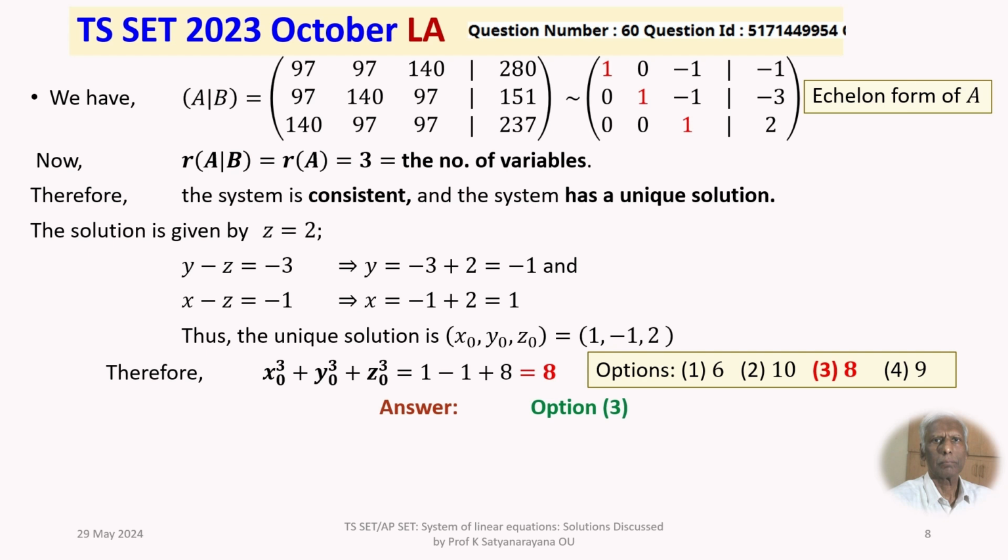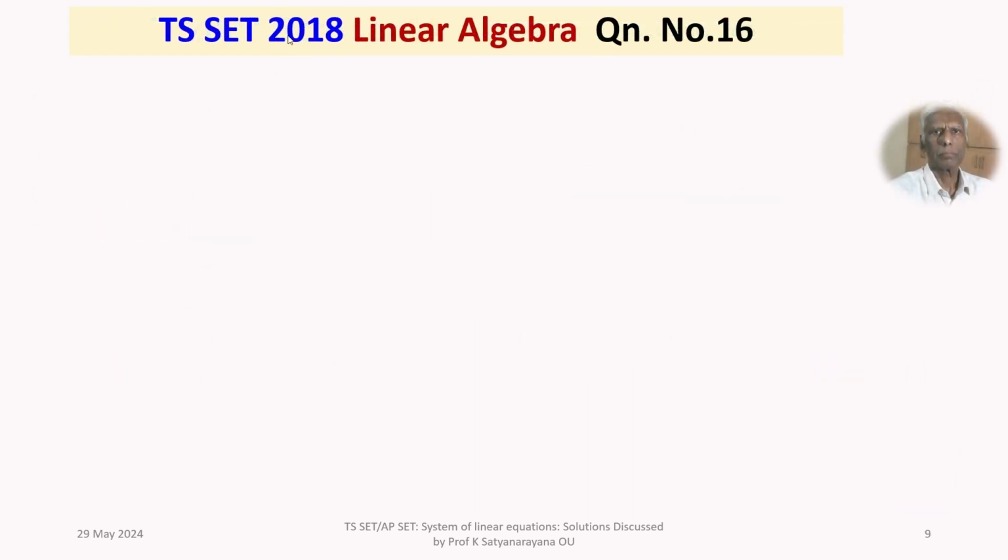Right. We will now move to the next question, which is also from TS set, but in the year 2018, and the question number is 16. This is question number 16 from the TS set exam 2018.